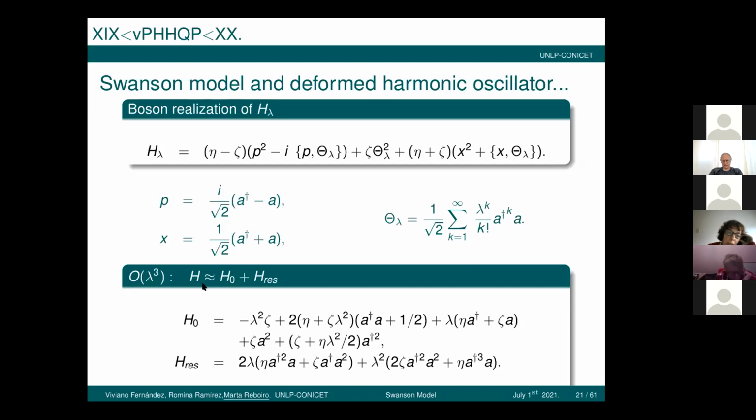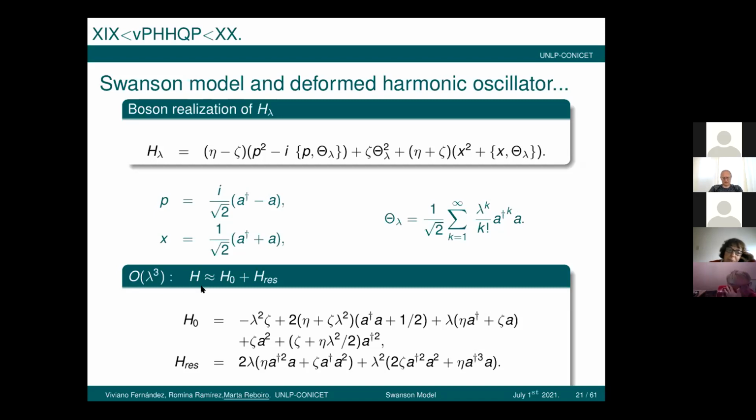And we say, well, let us take order lambda 3, and let us separate this Hamiltonian in two portions. In one we have the quadratic terms of the Hamiltonian, and in the other, the rest of the Hamiltonian. Let us concentrate on what happens on the quadratic terms.